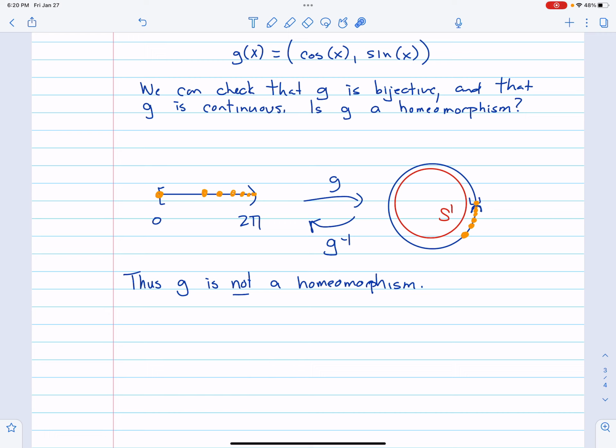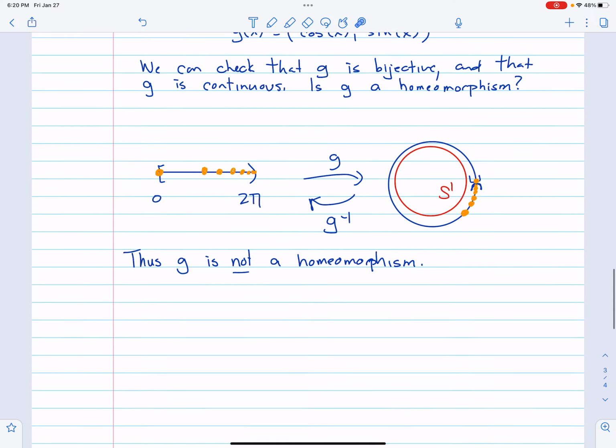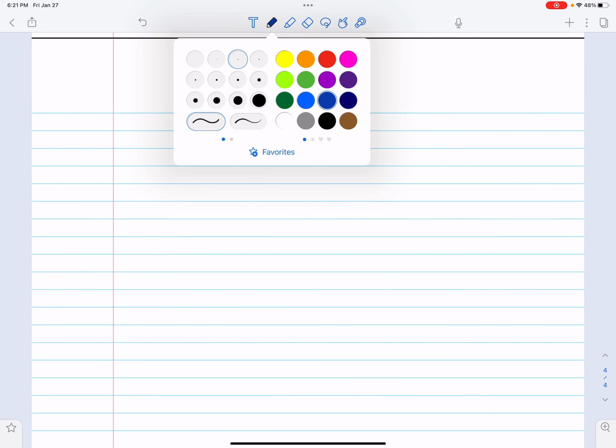All right. So the next part that we're going to talk about, I'm going to get a brand new page here because we're ready to start a new section. And it's kind of a shame that I'm not here in person, because this is where we actually define what topological spaces are.